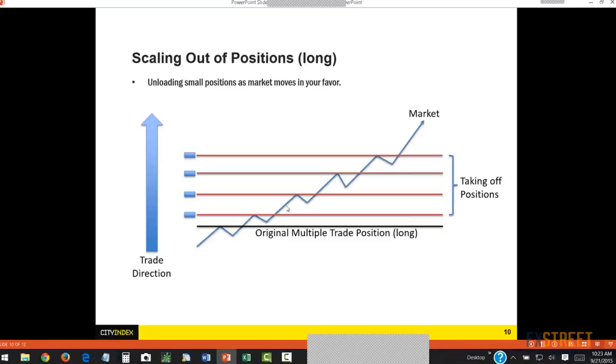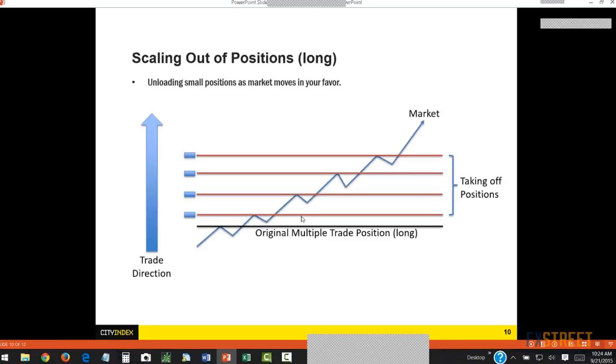Now, as it moves further, let's say at another certain position that you've predetermined, you take off another position and take your profit on that position. Then you can move your stop loss from break even up to this first level right here where you first took off a position.